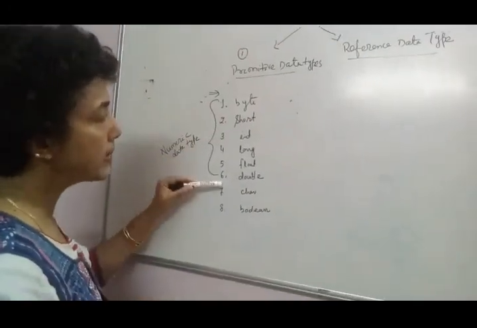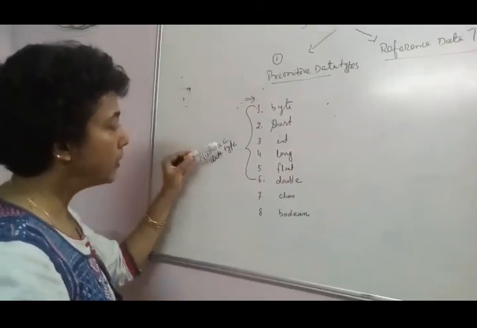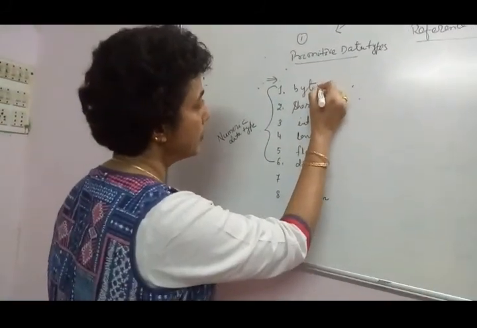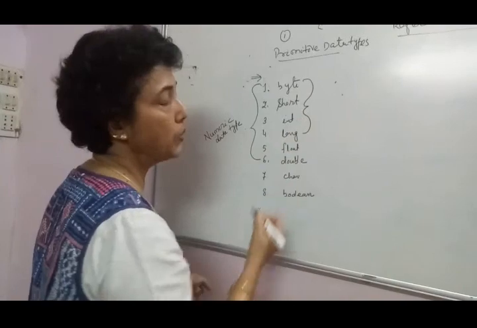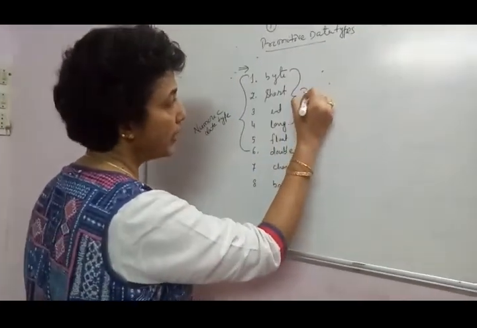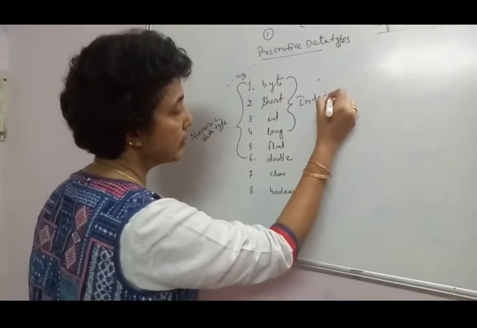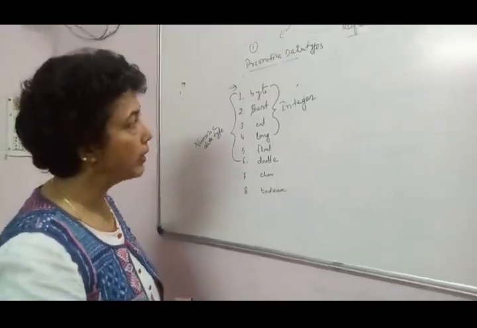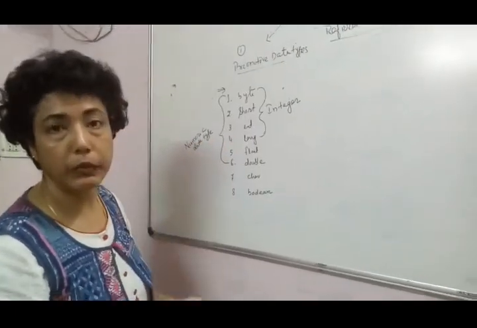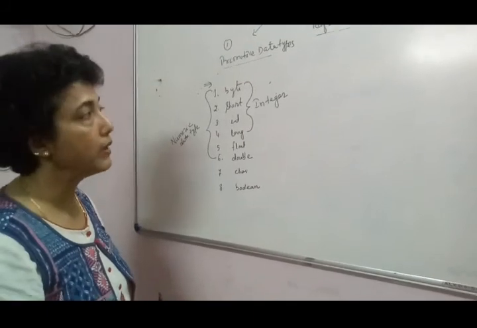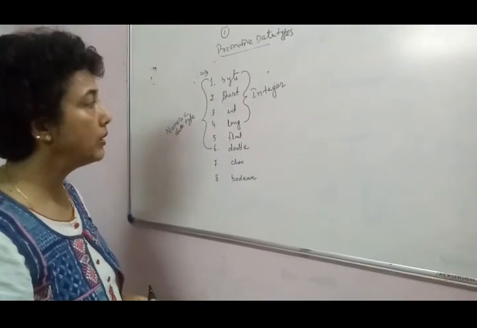Okay, out of the 6 numeric data types, the first 4, that means from byte to long, are used for integer literals. That means all integer numbers. To store an integer number, out of these 4 I can use any one data type to declare a variable that is going to store an integer number.